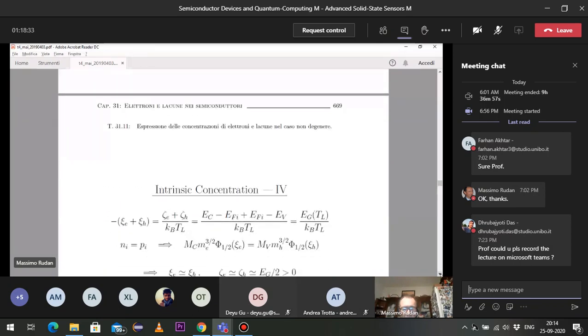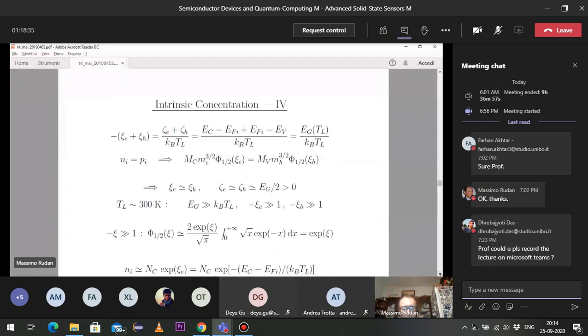So if we impose that Ni is equal to Pi, and we make the 2 expressions equal to each other, we obtain this relation.